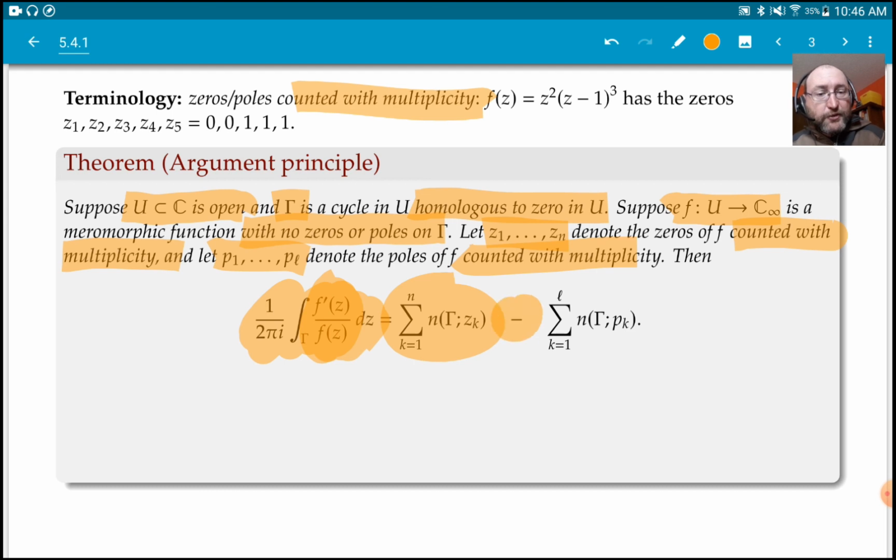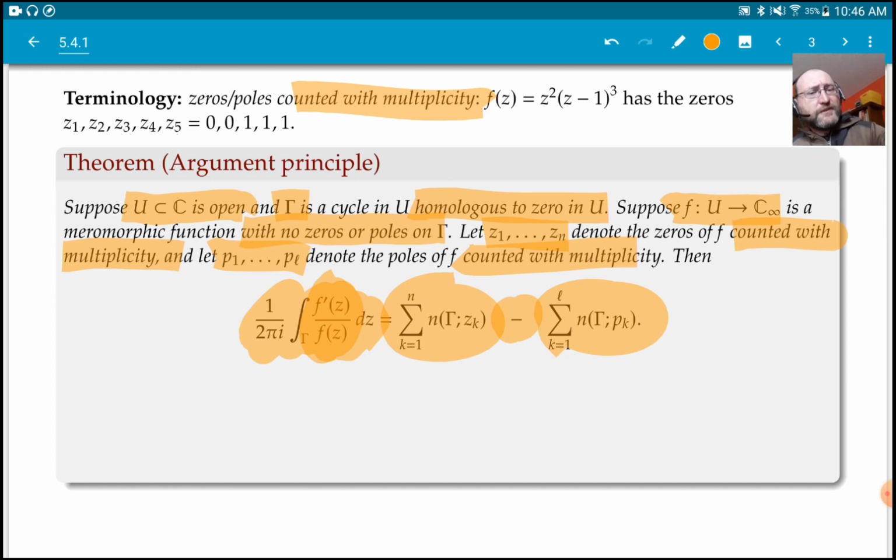And then we subtract the same thing for poles. So we sum over the winding numbers for the poles. So again, if it winds around once, you're just adding the number of zeros that gamma winds around and subtracting the number of poles.